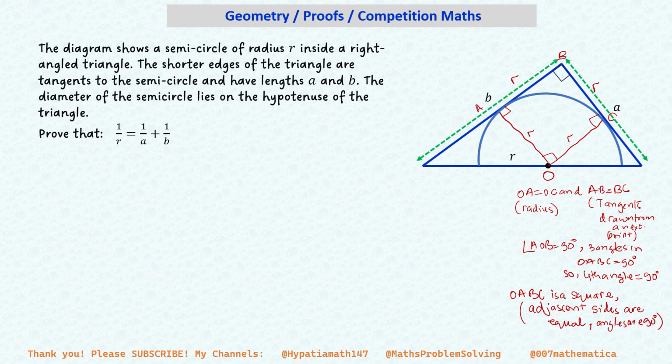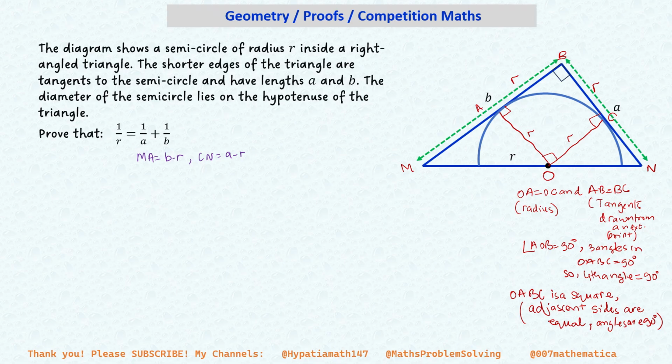The other bit is, if I name it, whatever, M and N, we could say that MA equals b minus r, because the entire length is b. And then CN is equal to a minus r.